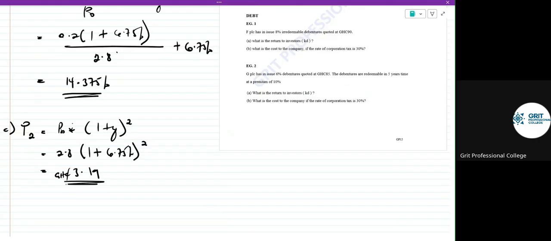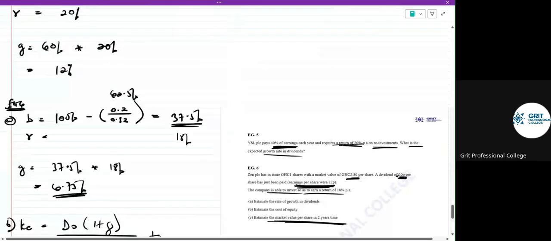So last night, in one of the questions, we were told to calculate the WACC, or the cost of equity, and per the information given, the CAPM approach was the best way to go about calculating the cost of equity.